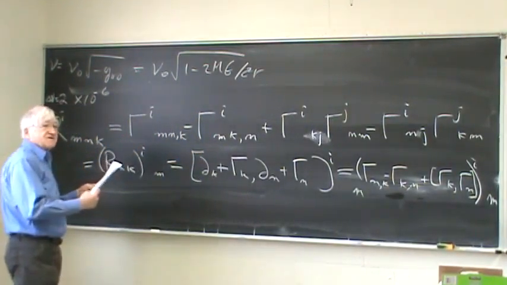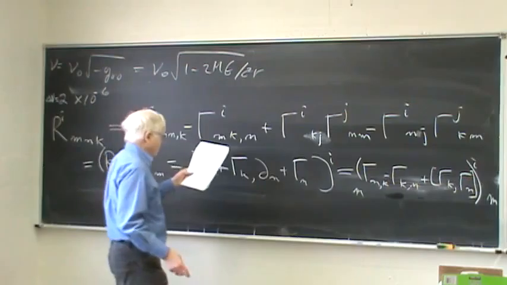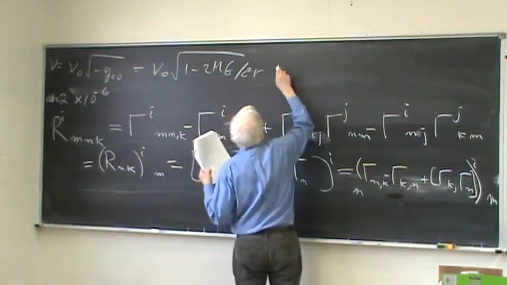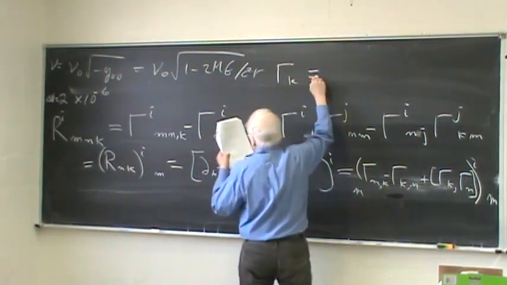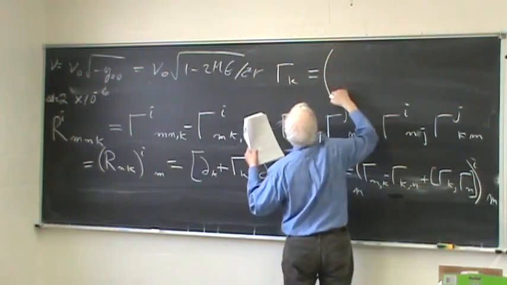And what are the gammas? The gammas, well, gamma K, I'm not going to write the whole thing out, it's in the book, but let me just show you what it is.